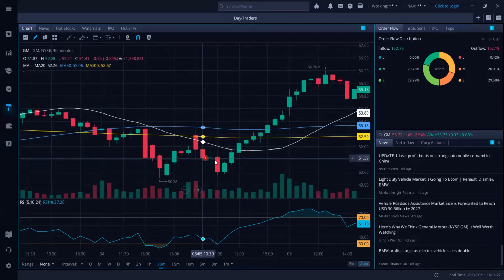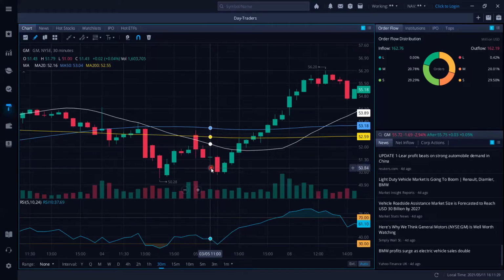This candle right here signifies indecisiveness. So we had an indecisive pattern going on in the stock. We got a pretty bullish candle, but I think this candle right here with all this volume on it let me know that this downward move isn't going to last long.